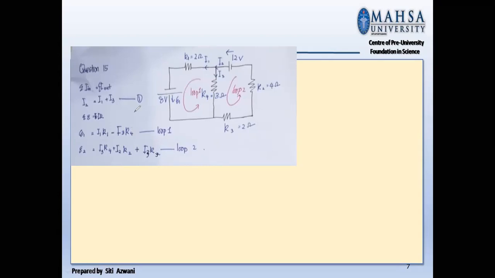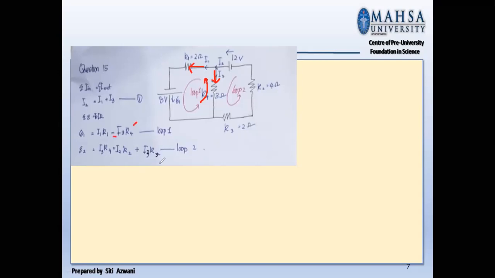That's why I have a positive sign for E1. I1 R1, this is I1 across R1. Minus, why minus? Because my I3 is going down, while my loop direction is going up here. So I have a negative sign for this term.